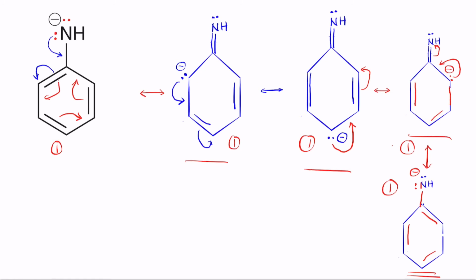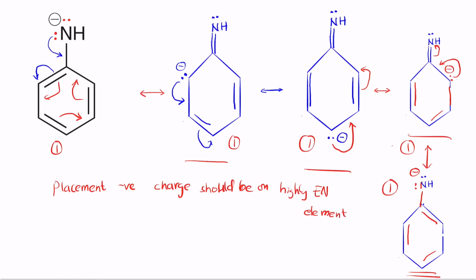Next, delocalized negative charge. In all of them we are only delocalizing the negative charge, that also is gone. And come to the last one. The last one is that the placement of the negative charge should be on the highly electronegative element. So here in this compound the negative charge can be either on carbon or nitrogen.